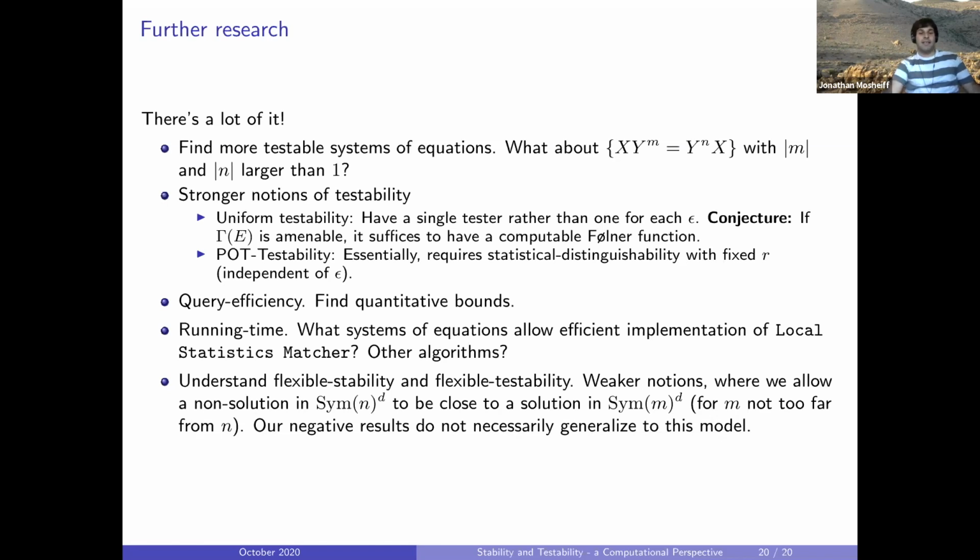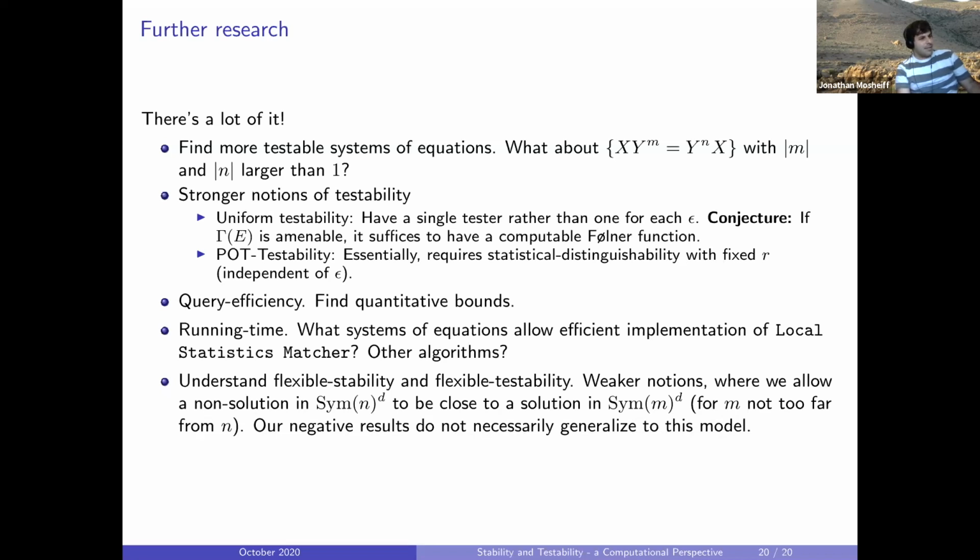What if you just want some constant type of sample that you do no matter how small epsilon is? And note that this is, for example, what the local statistics matcher does, right? It always samples the same equations. It doesn't need bigger and bigger balls the smaller epsilon is. So POT testability is another very natural type of tester that would be interesting to also understand from the group theoretic point of view, and maybe understand when we have these for given equations.